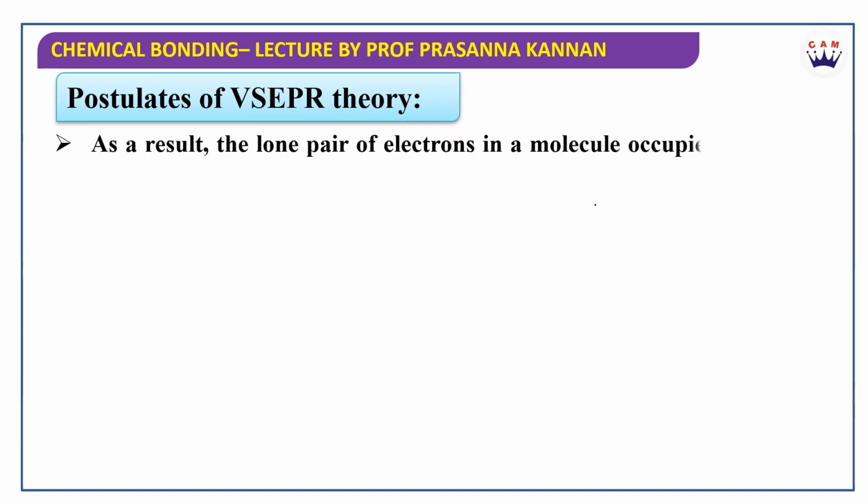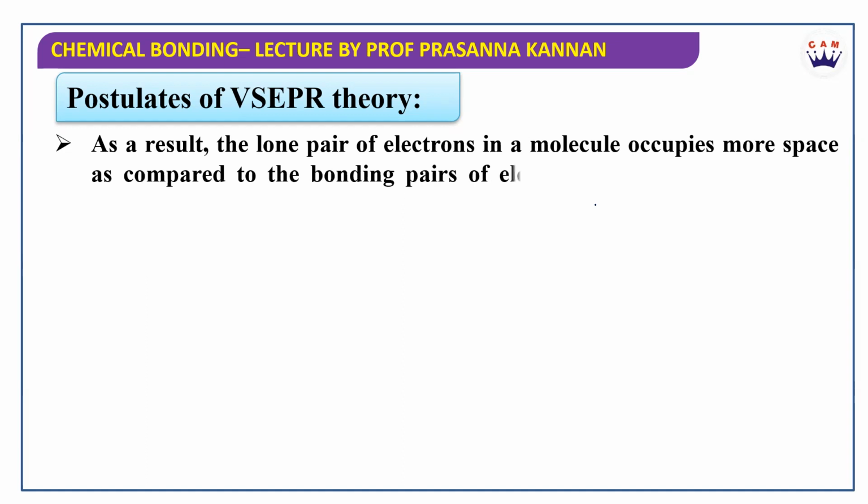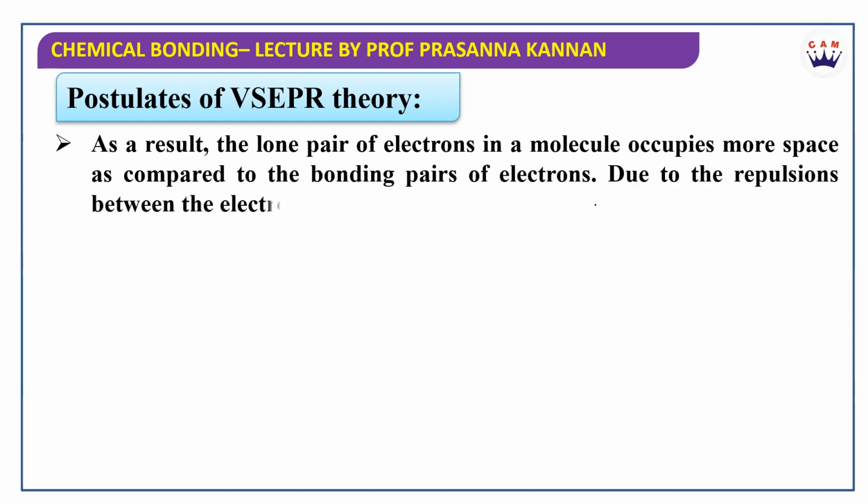As a result, the lone pair of electrons in a molecule occupies more space as compared to the bonding pair of electrons. Due to the repulsions between electron pairs, the bond angle reduces. We are getting a little more technical right now, so we will understand this subject as we move on. Please keep this in mind. Between lone pair and lone pair, the repulsion is maximum.